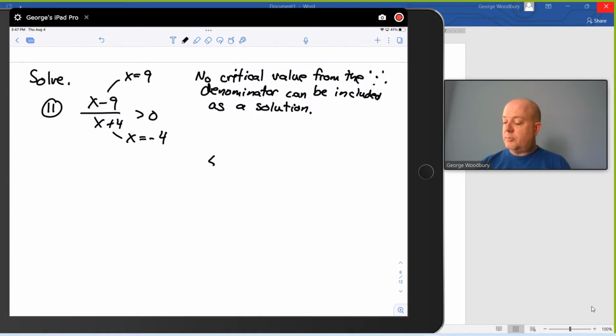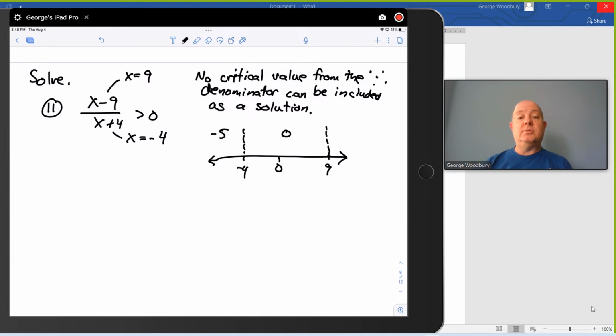So I'm going to start with a number line. 9 and negative 4 break this number line into three pieces. I'm going to pick a test point to the left, negative 5, one from the middle region, 0, and something to the right of 9. Let's go with 10. So the test points are negative 5, 0, and 10.